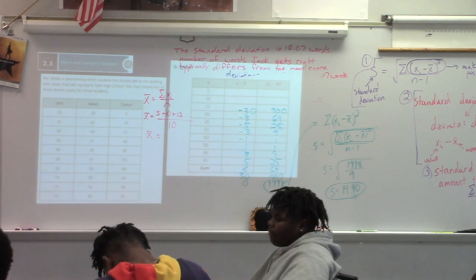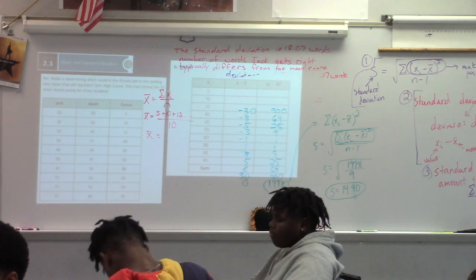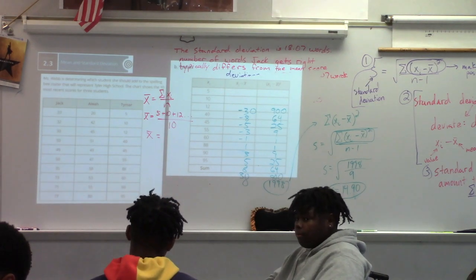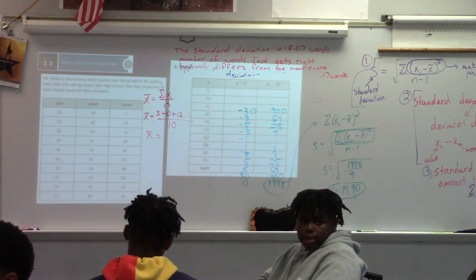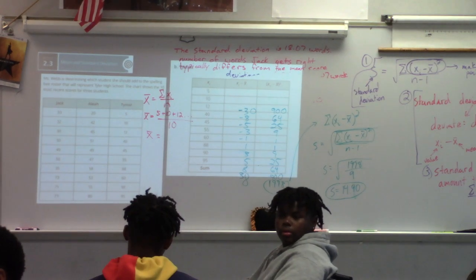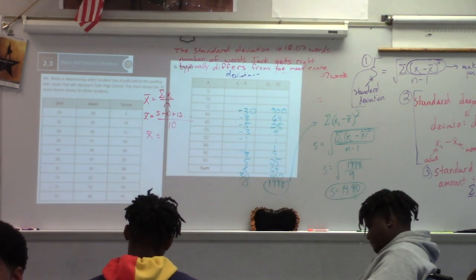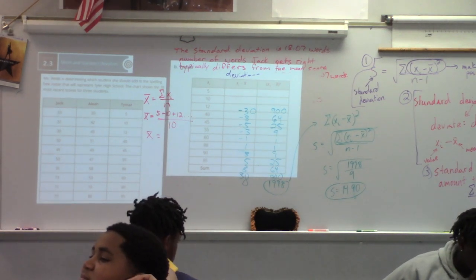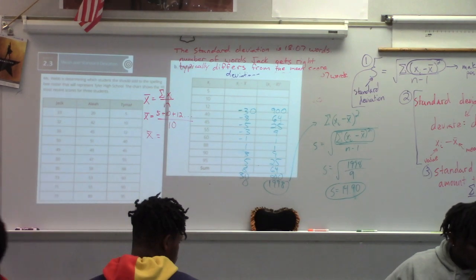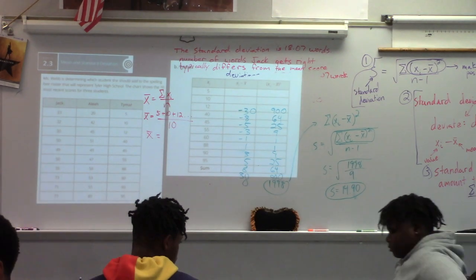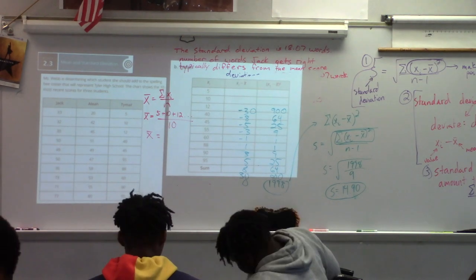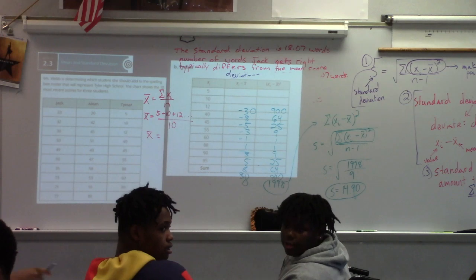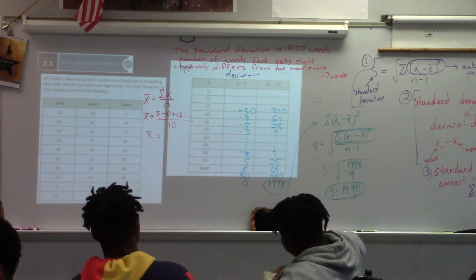Okay. Are you ready to talk with me? Okay. So look. Remember, s is equal to, this is a massive formula. I get that. But if you can break it down into pieces, it becomes much easier. That's the formula we're using for standard deviation. Remember, a standard deviation, we already talked about it, that is a typical amount.